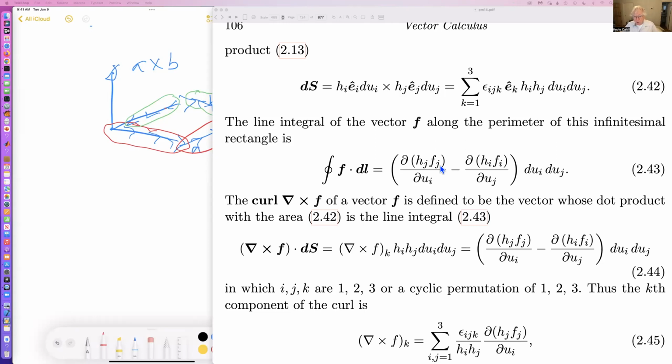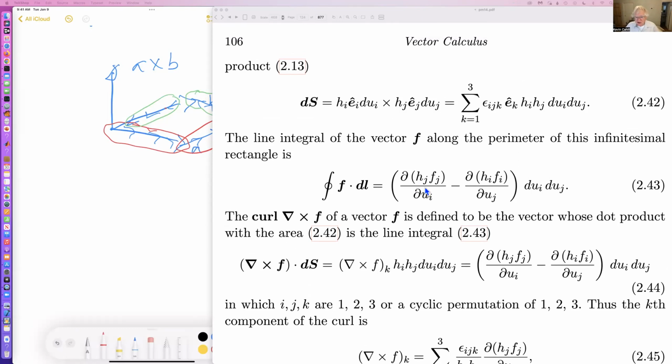But what we've got to do is subtract the green part, and so we differentiate this with respect to u_i, and then multiply by du_i, so as to subtract the green line integral from the red one.